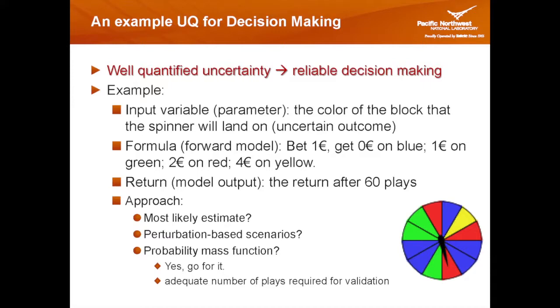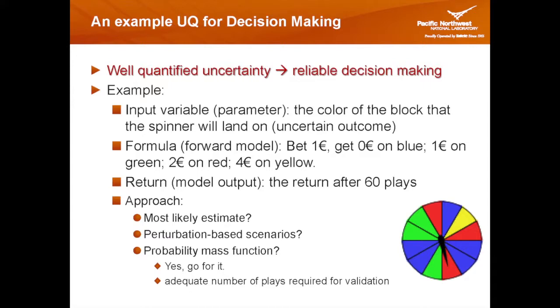But in practice, if you want to know the most likely outcome, that's blue. So blue in this case is the most likely one, but still unlikely. That's the reality. So your most likely estimate is an unlikely estimate.